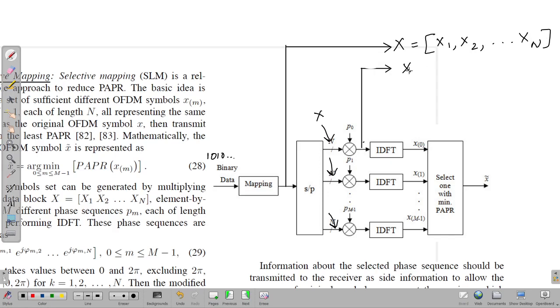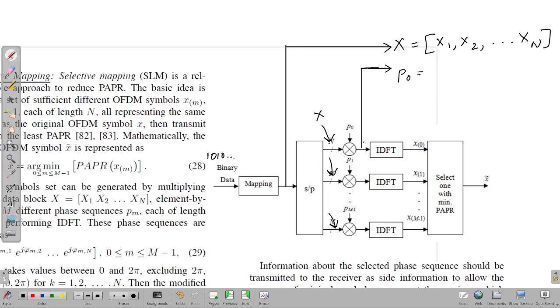These are the modulated symbols. X is multiplied with the sequence P naught, which is again an N-point sequence. So you have X into P naught.